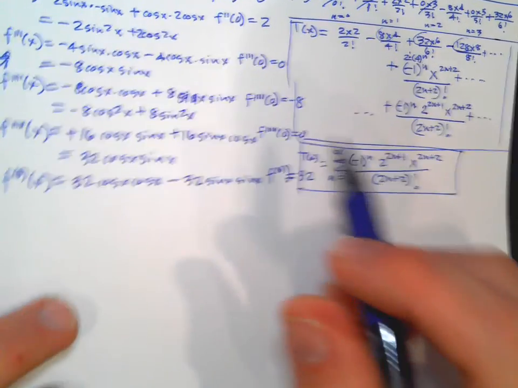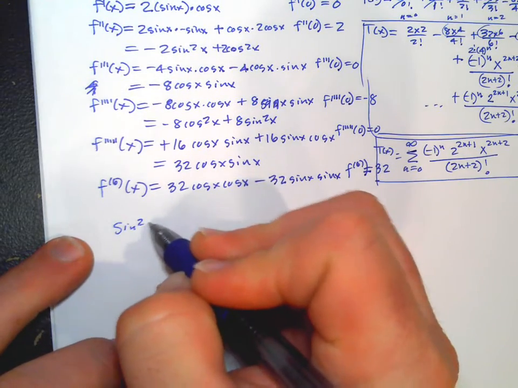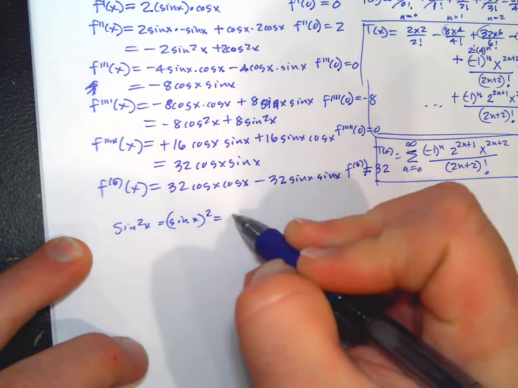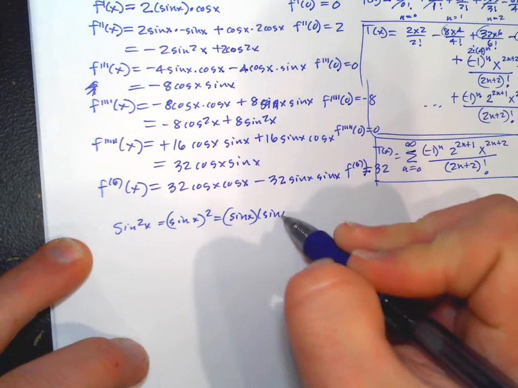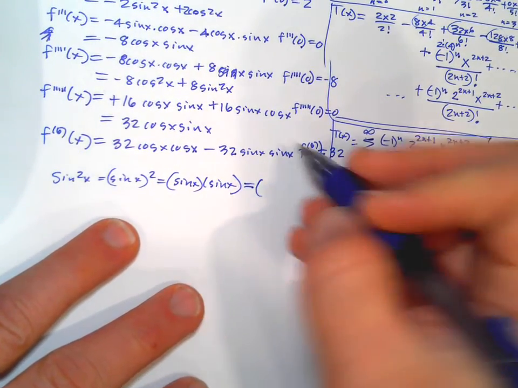Now, could we have taken the approach of, well, sine squared is sine times sine? I mean, could we try that and see? I think it might be able to. So what's sine?